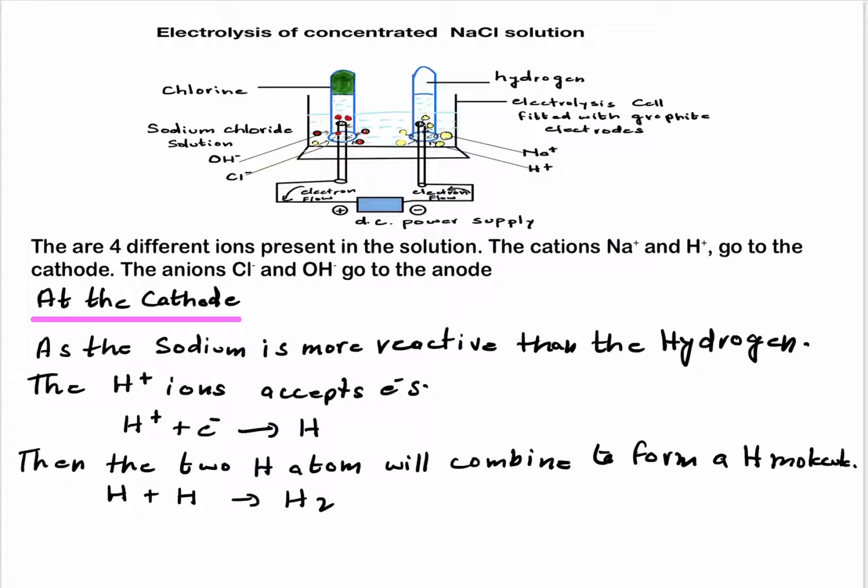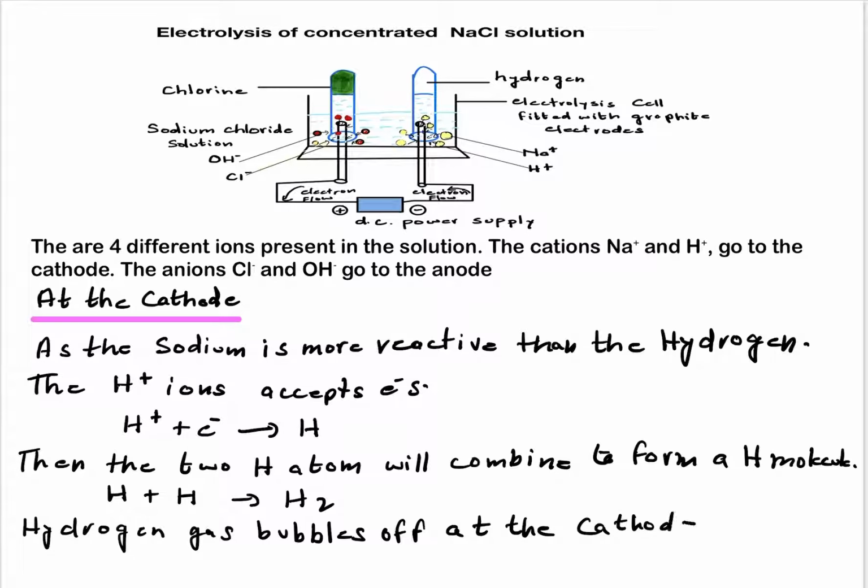And finally, we'll see hydrogen gas bubbles off at the cathode. And finally we can write down the final equation, 2H+ plus 2 electrons will give you hydrogen molecule.